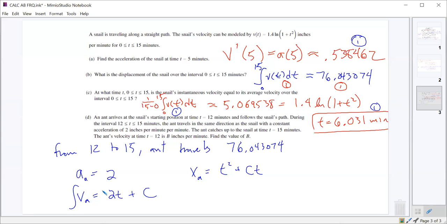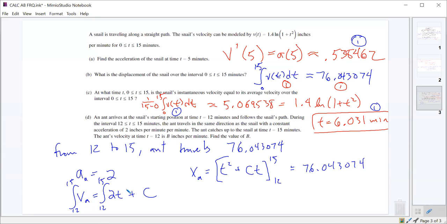And we know what that displacement is if we integrate from 12 to 15, don't we? So if we evaluate that from 12 to 15, that should equal that 76.043074 value, right? That should allow us to figure out what this value of c is. Once we know what the c is, we can go back in and figure out what the velocity is at 12.